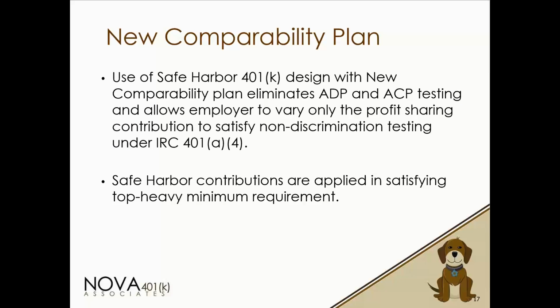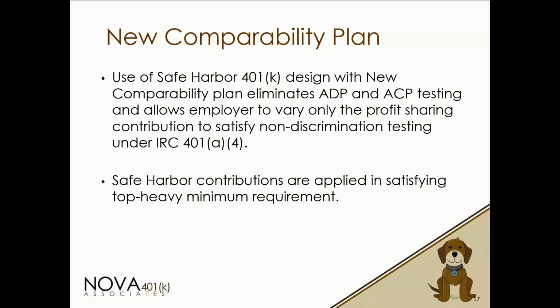So we typically will use a safe harbor design paired with a new comparability. The primary purpose of that is it does eliminate the ADP and ACP testing, and then you can vary the profit sharing piece, and the only thing you have to satisfy, which is definitely a little complicated, is the 401(a)(4) non-discrimination testing.